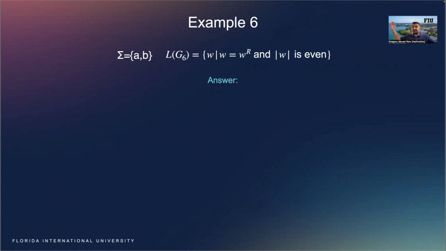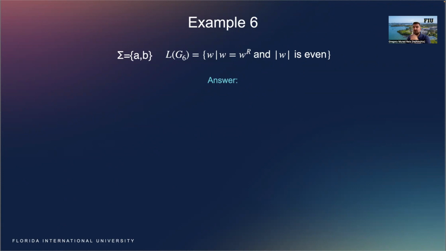So I need to generate first the outermost ones, and they have to be equal. If the first one is 0, the last one has to be 0. If the first one is 1, the last one has to be 1. Now the second and the second to last. If it's 0 here, it's 0 here. If it's 1 here, it's 1 here. So forth and so on.